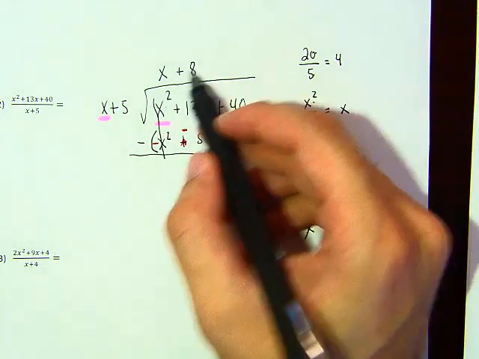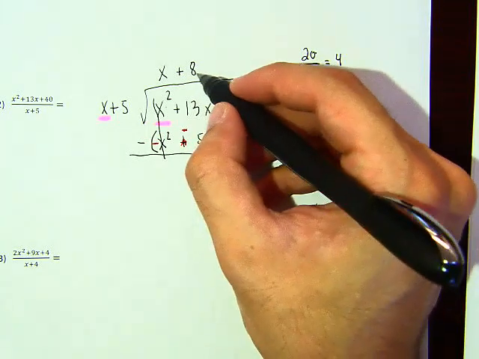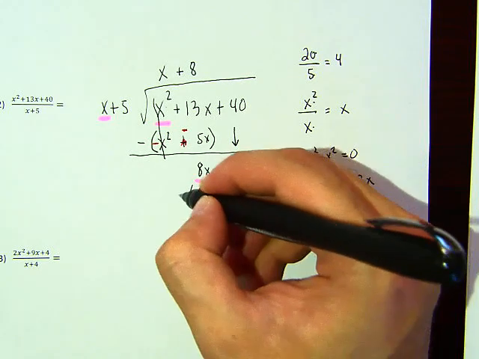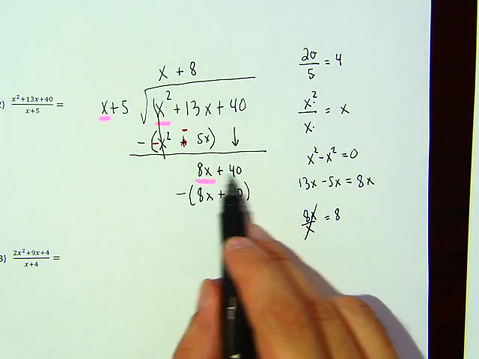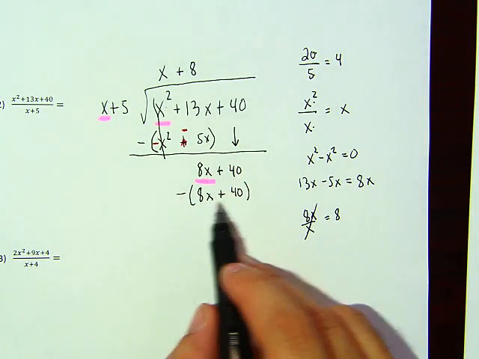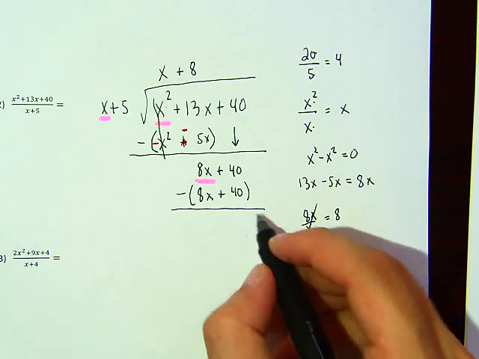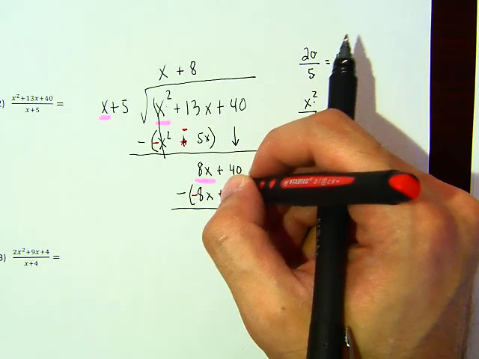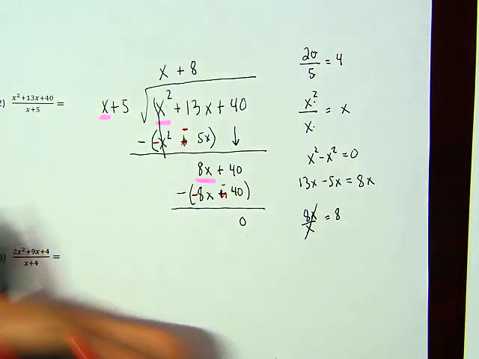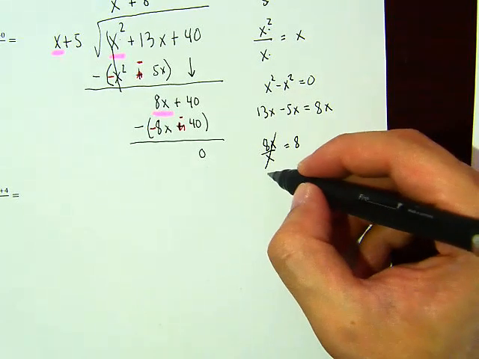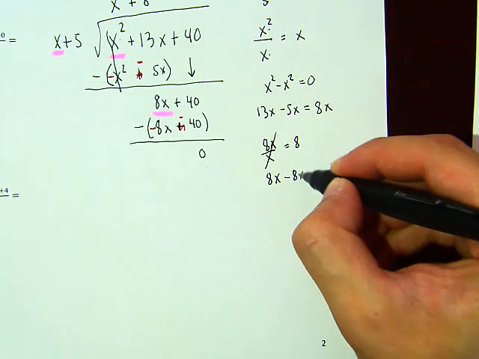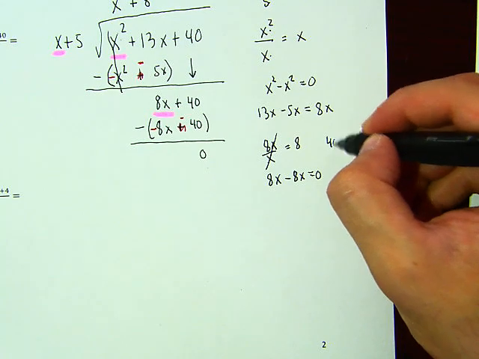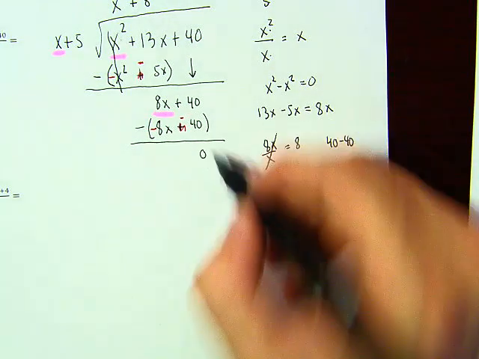And then 8 times x is 8x. 8 times 5 is 40. Parentheses, parentheses, subtract. And notice that if I have something minus the same thing, it's 0. Right? But if you just want to double check, you distribute the negative. Now here, what is 8x minus 8x? That's 0. And what's 40 minus 40? That's also 0. And that's it.